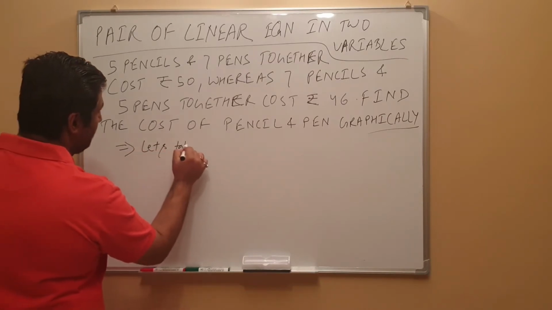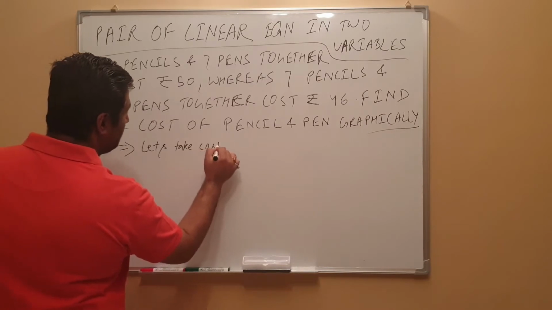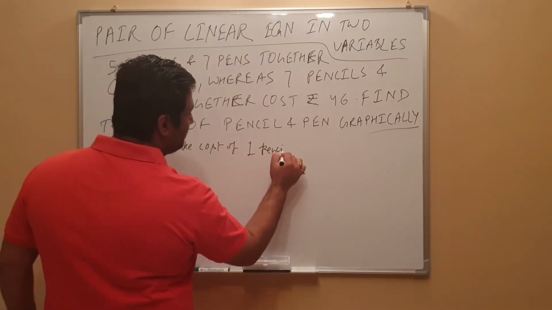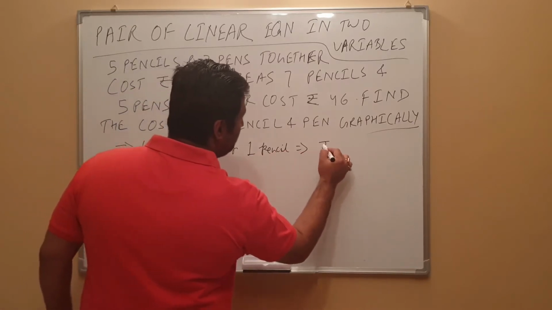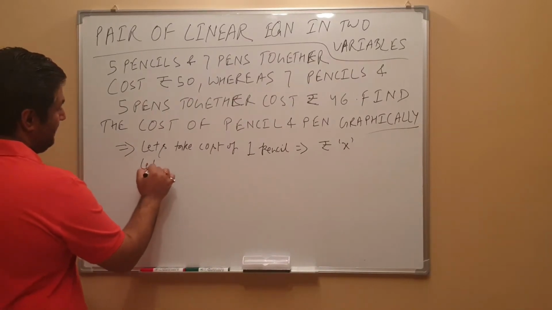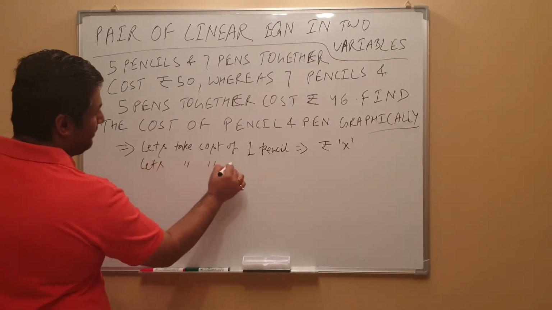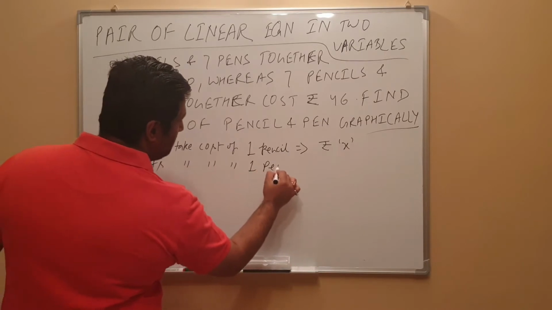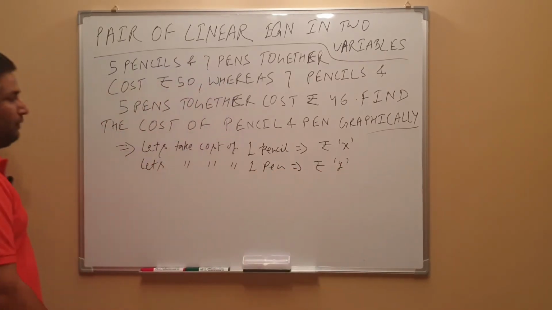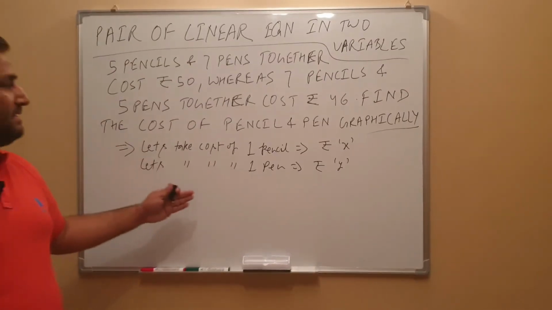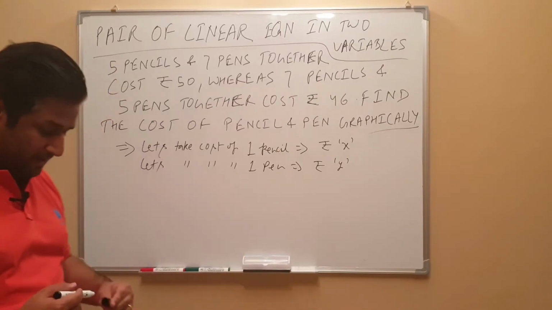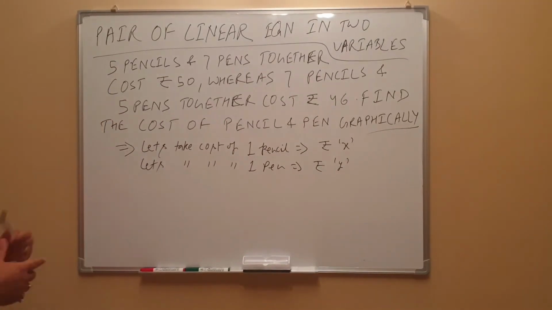So let's take the cost of one pencil as x rupees, and the cost of one pen as y rupees. Basically, we have to find the values of x and y eventually.